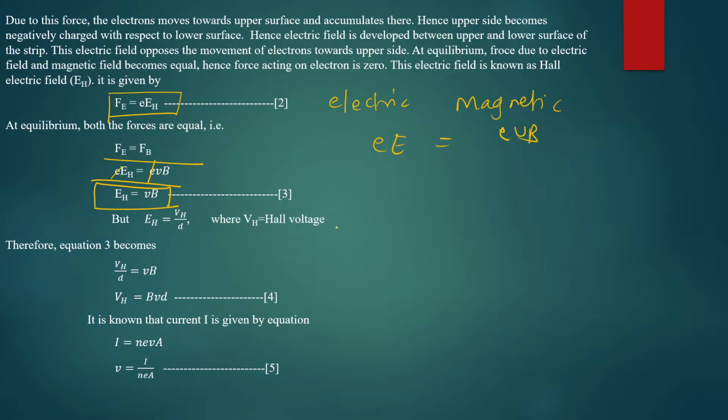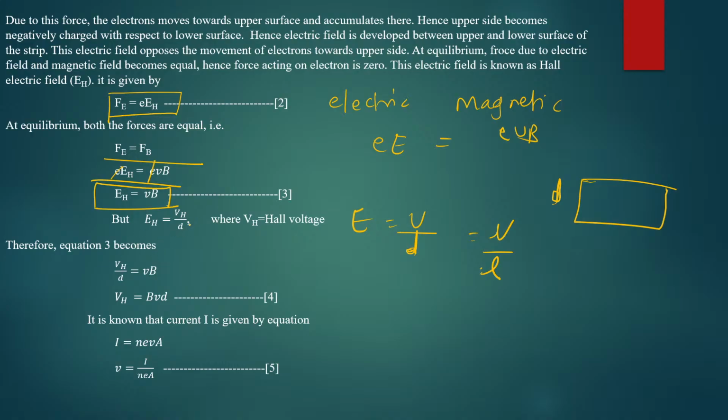As we studied in the last equation, E is nothing but V by D or V by L. D is taken here as the distance between the strip, or the width of the strip, but we can consider it as L also. Here I am denoting it as D. So E_H is equal to V_H by D.